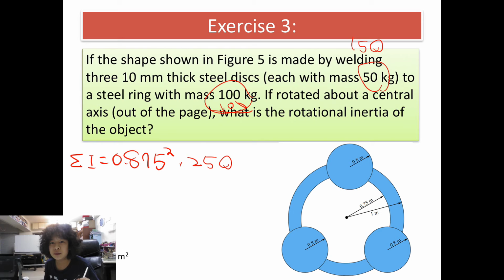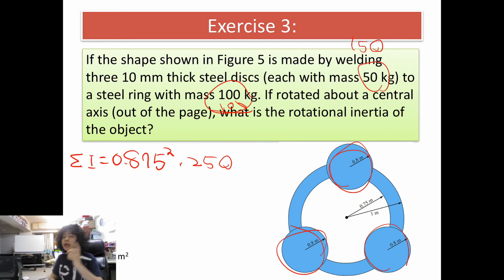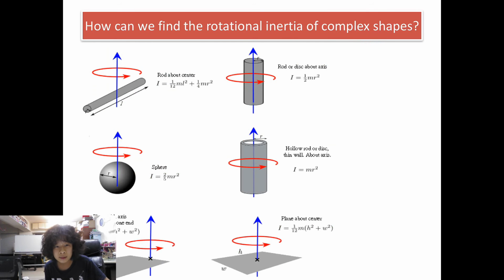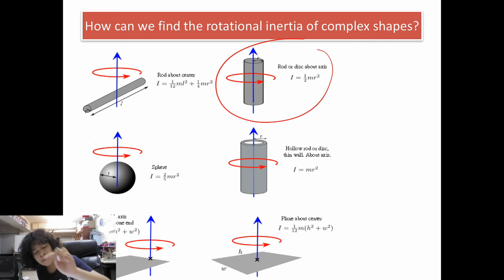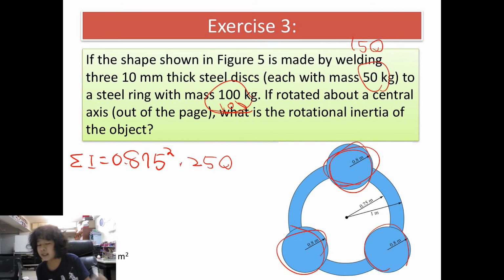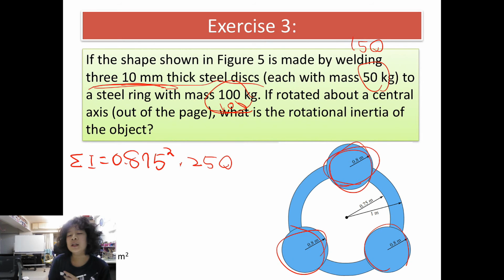In this question, this plate has rotational inertia too, by itself. So how do you calculate this? Go back and see here: a cylinder is half mr squared. So this plate is a cylinder, right?